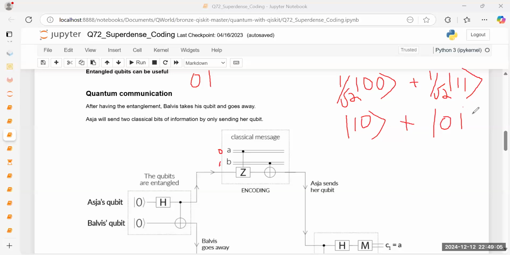After she has applied the X gate to her qubit, 0 here becomes 1, and 1 here becomes 0. At this point, she has encoded the information she wants to send, which is 0, 1.